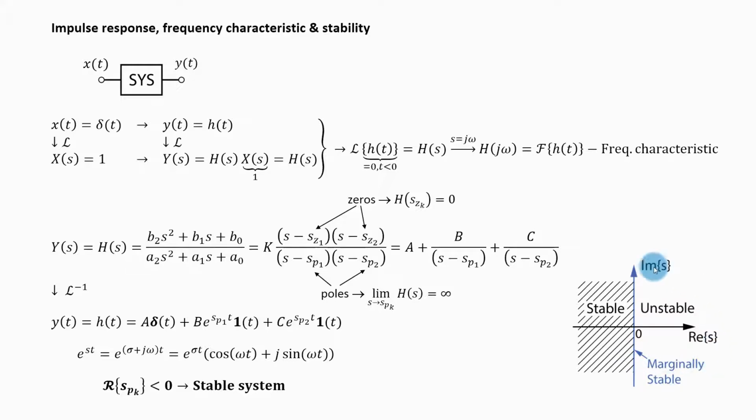Now this looks suspiciously similar to the result that we had for the roots of the characteristic equation, and that should not be surprising. Check out what the poles really are. The poles are the roots of this polynomial, and this polynomial is essentially the same thing as the characteristic equation, except with the characteristic equation you had lambda instead of s.